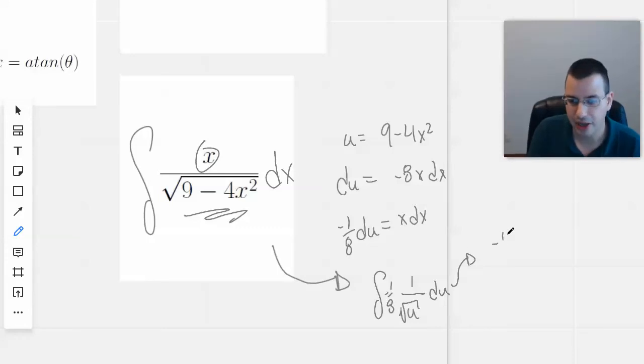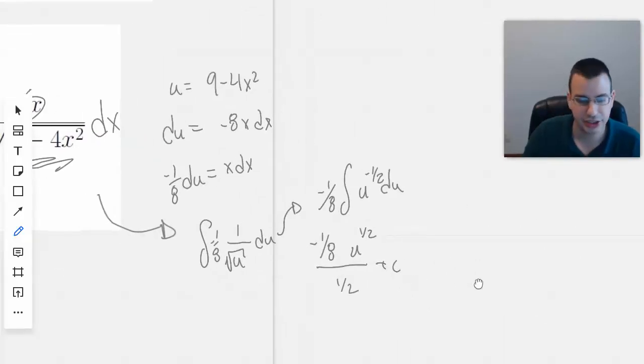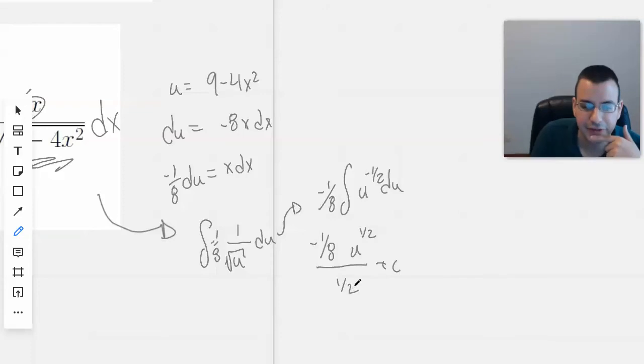Rewriting that a little bit, we have negative 1/8 integral u to the negative 1/2 du. Using the power rule, we have u to the positive 1/2 over 1/2 plus c. And this then, the negative 1/8 dividing by 1/2, gives negative 1/4 square root of u plus c.